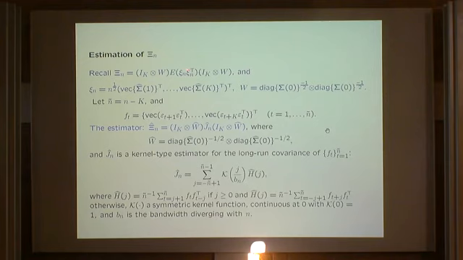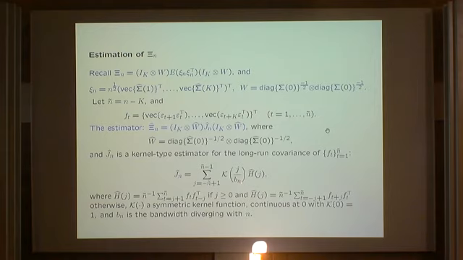And luckily, there are lots of studies for this covariance matrix estimation. What we use is a standard kernel type of estimate, which uses a kernel function K, and there is a bandwidth here we need to choose.